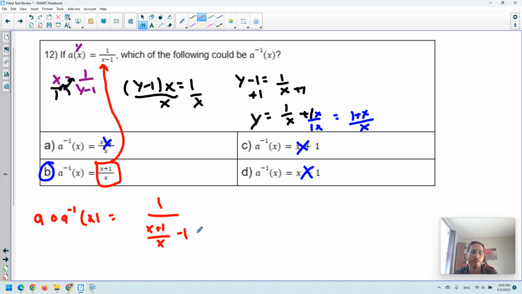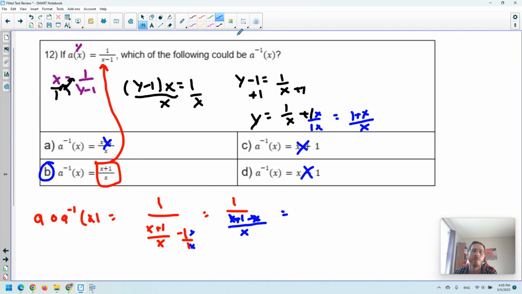So if we do try to simplify this, we'll get 1 over, here this is over 1, so I'm going to have to do the same thing I did over here and multiply the top and bottom by x to get a common denominator. So x plus 1 minus x over x. All right, well, the x's are going to cancel.